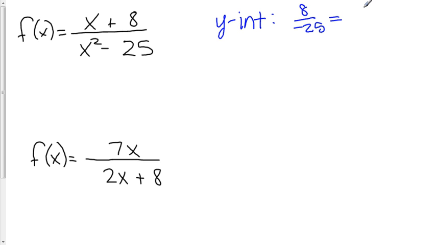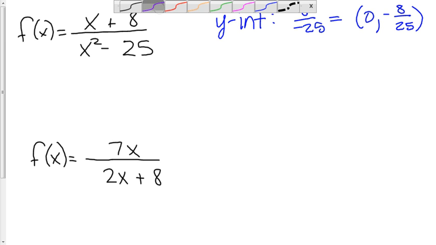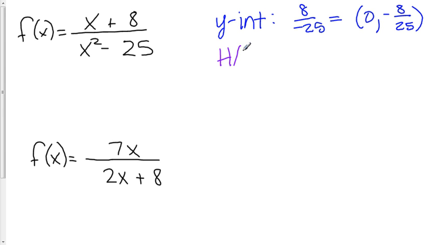So we know then the y-intercept is (0, negative 8/25), because those are the constants in this case. Horizontal asymptote, we have to look at the degree. Degree here is 1, degree here is 2, so the denominator's degree is more than the numerator's, so therefore y equals 0 is our horizontal asymptote.